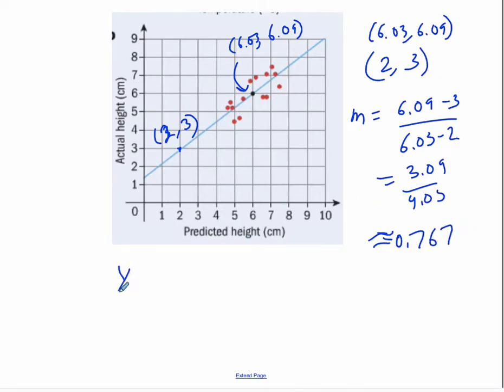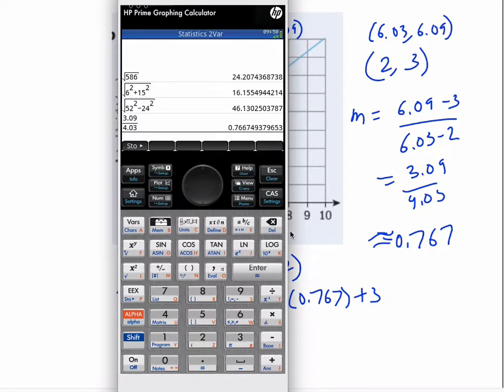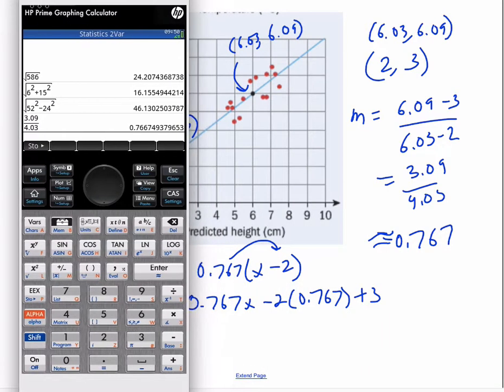Okay, so that's our slope. I'm going to do point slope form and find the rest of the equation. So this is point slope form. So we're going to have y equals 0.767x and distribute this guy over here, 2 times 0.767, and then I'm going to add 3. I'm just going to do this on my calculator to figure out what the y-intercept of the function is going to be.